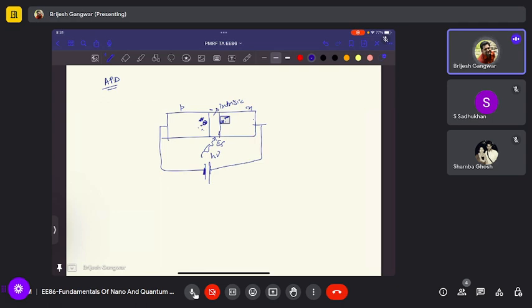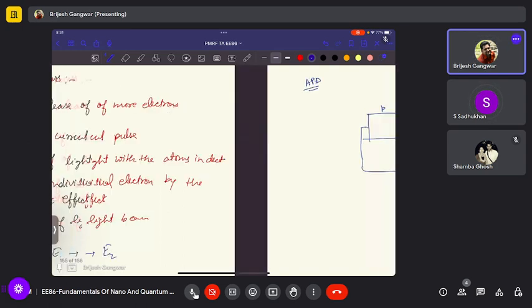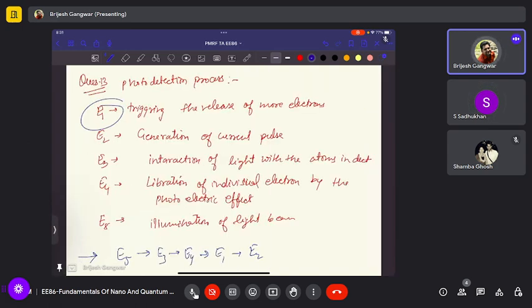Can it reach from here to here? No, in that case we need multiple triggering and release of more electrons by scattering or some process. So this E1 will come first, before the generation of current pulse. Now you are clear with E1 and E2? Yeah. Okay.